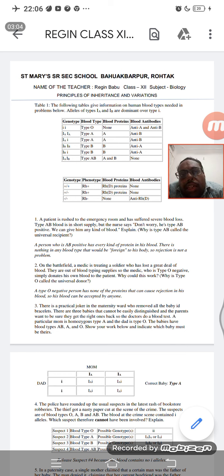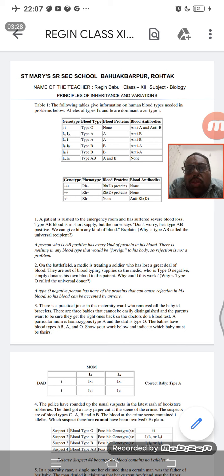It is only a prediction. Most of the time the prediction is right. In rare cases the prediction will go wrong, especially for the Bombay blood group, golden blood, like that. In very rare conditions it will change. Otherwise, universally this prediction is true.